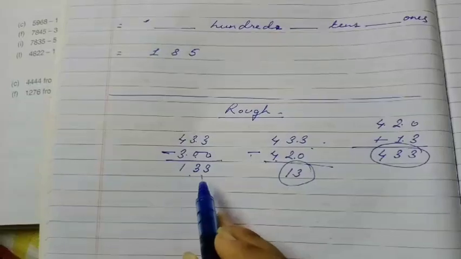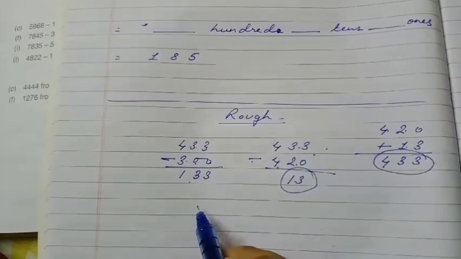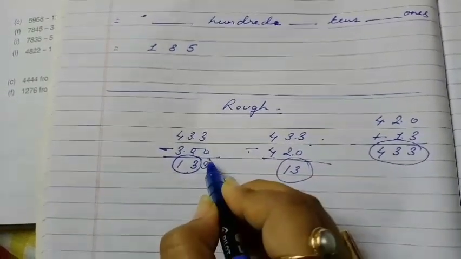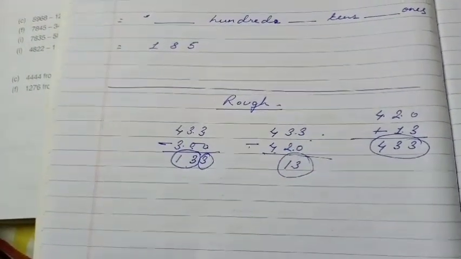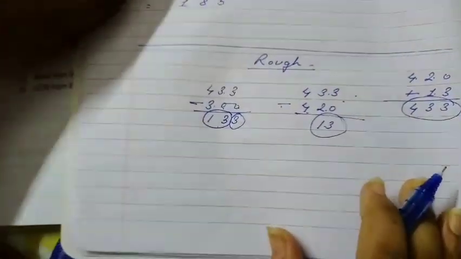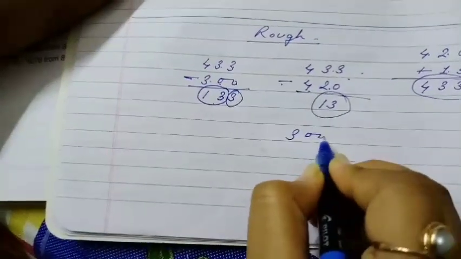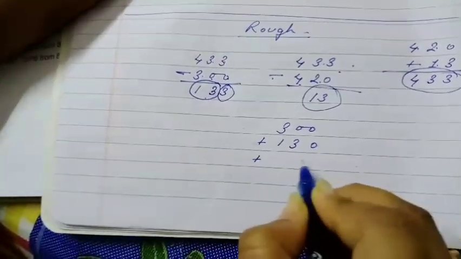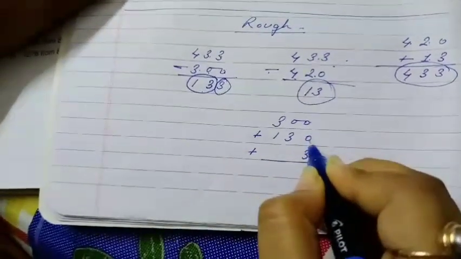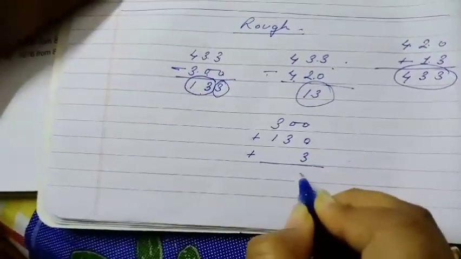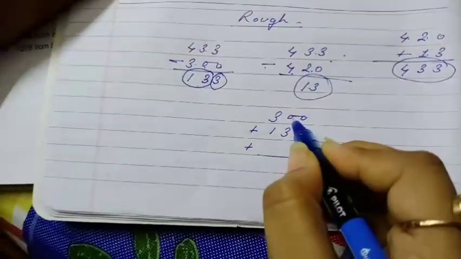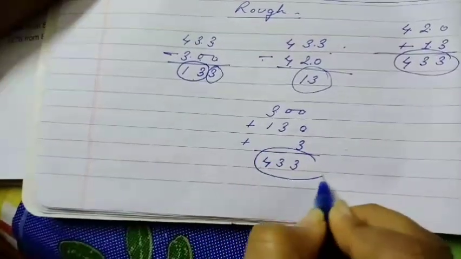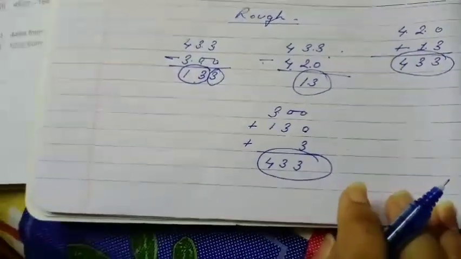So how many tens and how many ones will I write? Can I write 13 tens and 3 ones? Children, can I write? That means 3 hundreds plus 13 tens means 130 plus 3 ones means plus 3. 0 plus 0, 0. 0 plus 3, 3. Again, 0 plus 3, 3. 3 plus 1, 4. See, again the total will come to 433.